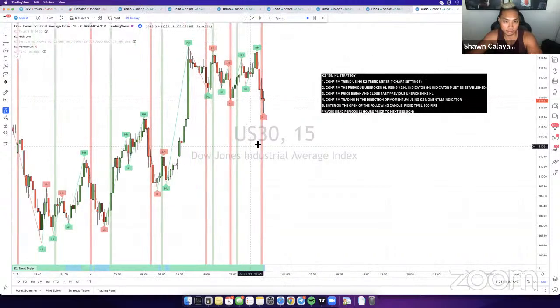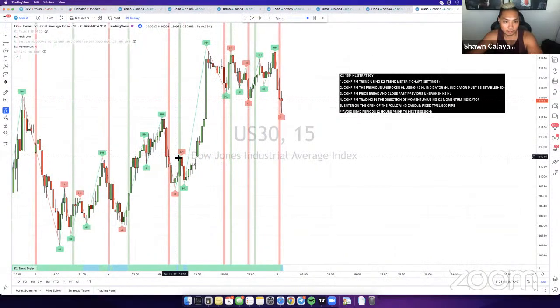Let me see if I can find another example here. There's a gap in price right here. This is because market closed for a bit, but we won't even use this as an example because it's not a good example, but just showing you the high right there. We have the high, we have price breaking and closing past it. Trend meter is green, you're looking for a buy.